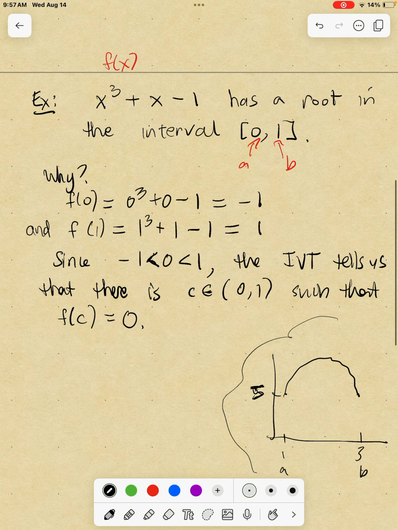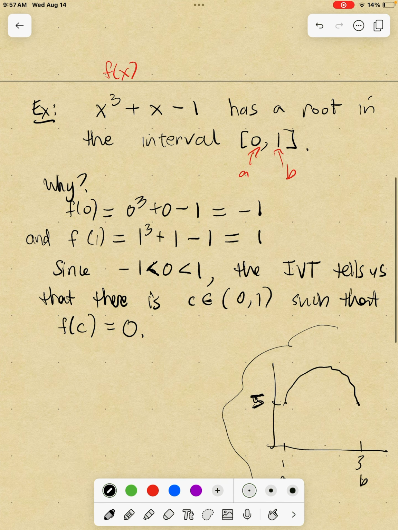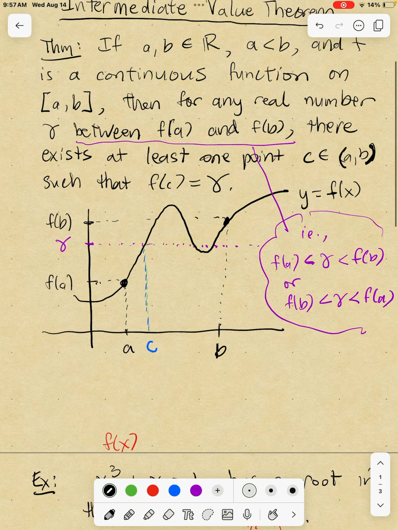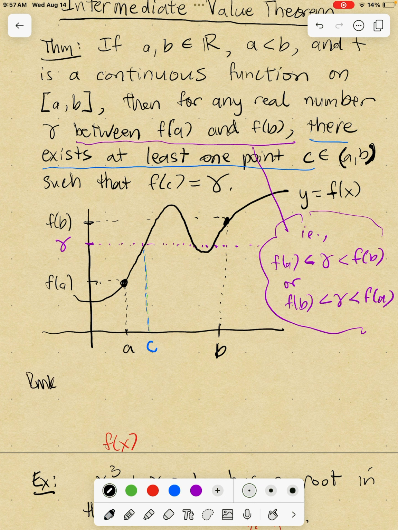Now notice that the theorem only tells you that there exists at least one point. It doesn't tell you where, so I'll just put a little remark. The theorem doesn't tell you where.